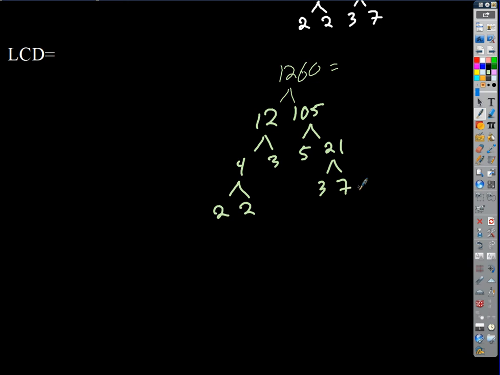So what do we get? 2 squared times 3 squared times 5 times 7.